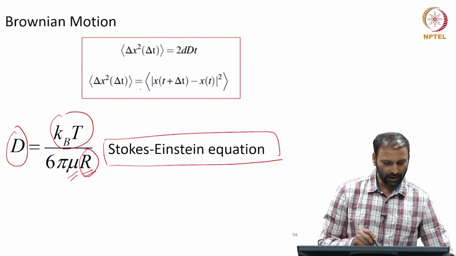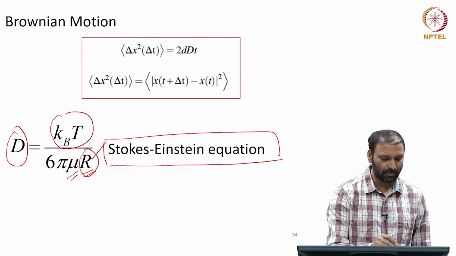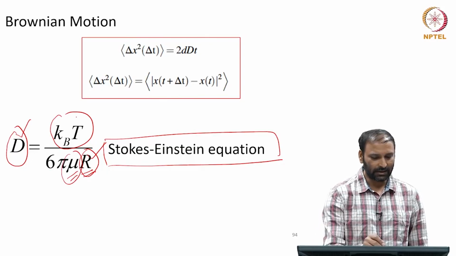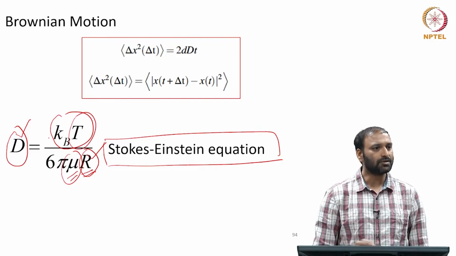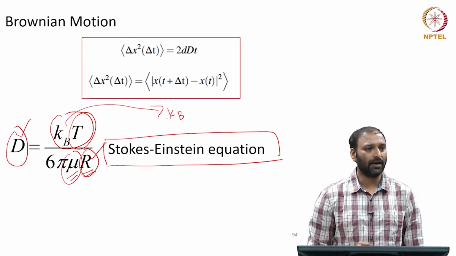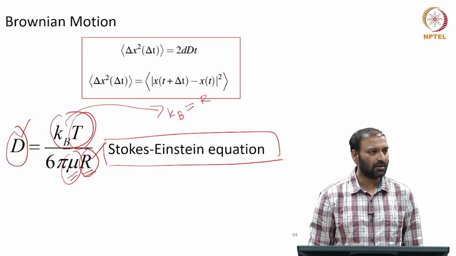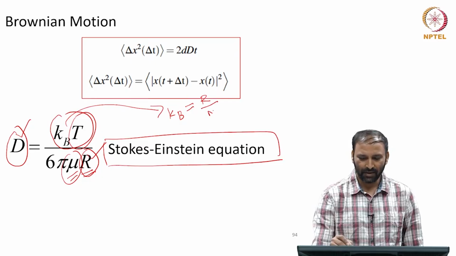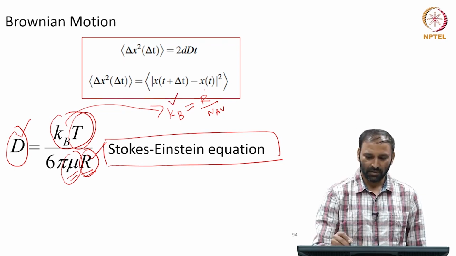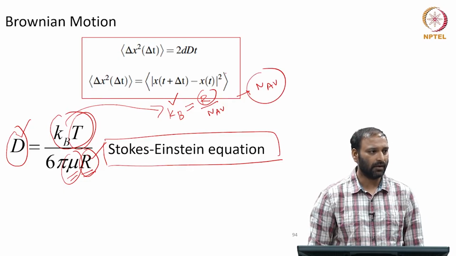Therefore the value of R is known, and from these Brownian motion experiments he was able to calculate D. The viscosity of the fluid he knew, and the temperature at which the experiments were done he also knew. From that he calculated kB, the Boltzmann constant, which is equal to R, the universal gas constant, divided by the Avogadro number. Because he calculated kB from his experiments and R is known, he was able to calculate N_AV. That is what he did.